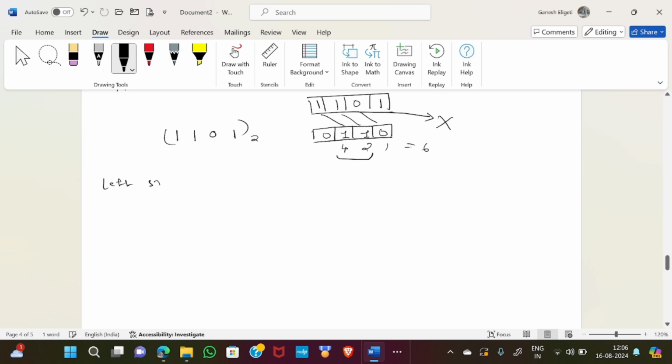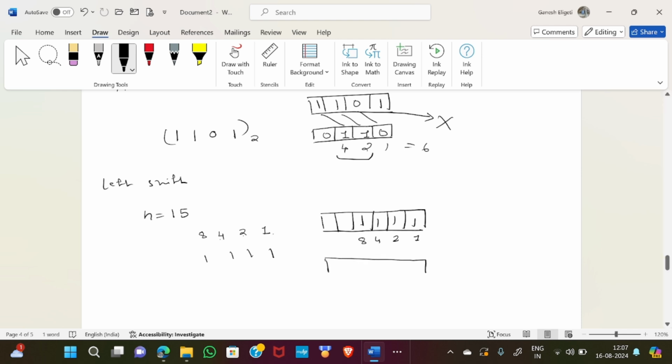Now let's see left shift. In the left shift operation, let's take n equals 15. So 8, 4, 2 and 1. So it will become 1, 1, 1 and 1.